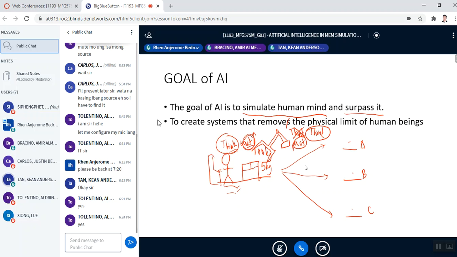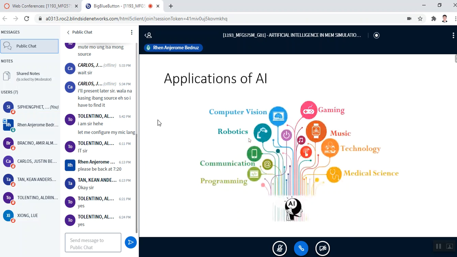Good. So that's the goal of AI: to remove the physical limit, or the acting limit, of human beings. Now, where do we apply artificial intelligence?